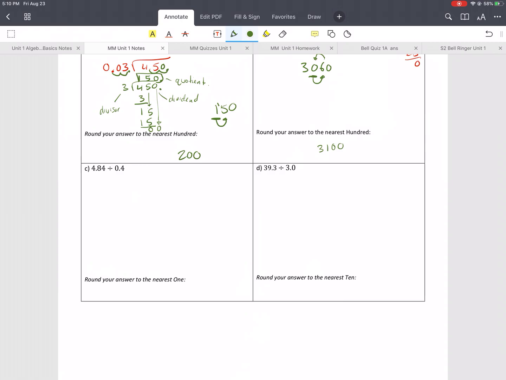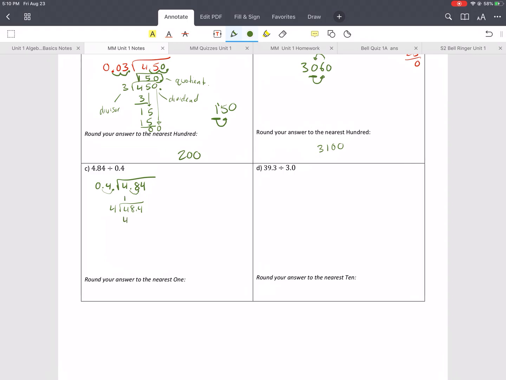Okay, I'm going to do this one by hand, but again, you can do it on a calculator. Okay, so we'll move this decimal over 1. We'll move this decimal over 1. So it would be 4 into 48.4. How many times does 4 go into 4?